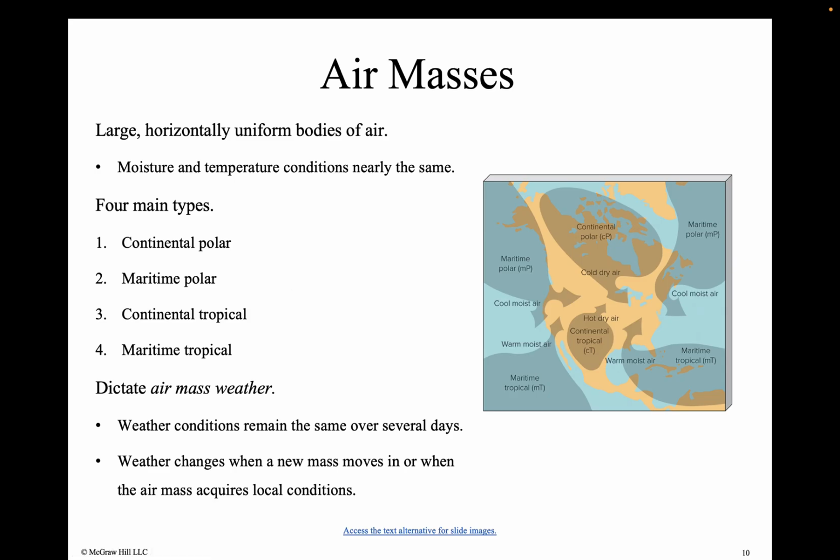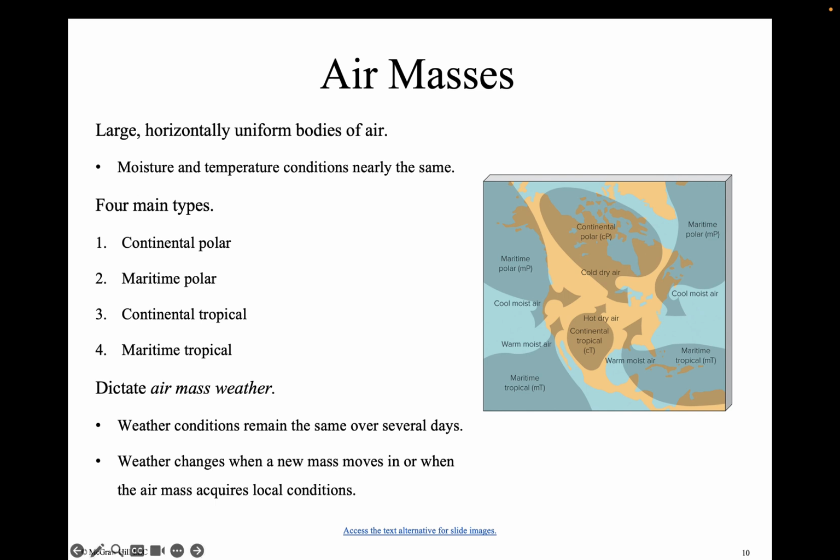Besides being classified according to their temperature, they can also be classified according to their moisture. According to moisture, they can be continental or maritime. Continental means that they are dry because they form over land, and maritime means that they are more humid because they are formed over bodies of water, specifically the oceans. So you can have four types with these two combinations.